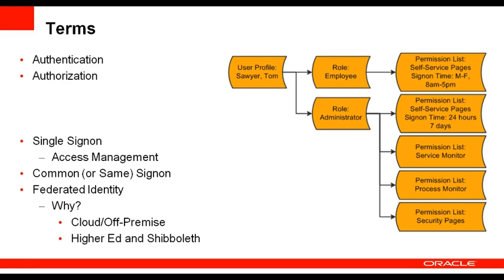Now, federated identity has been around for a long time, but it has come into prominence over the last 2 or 3 years, largely because of cloud or off-premise environments.